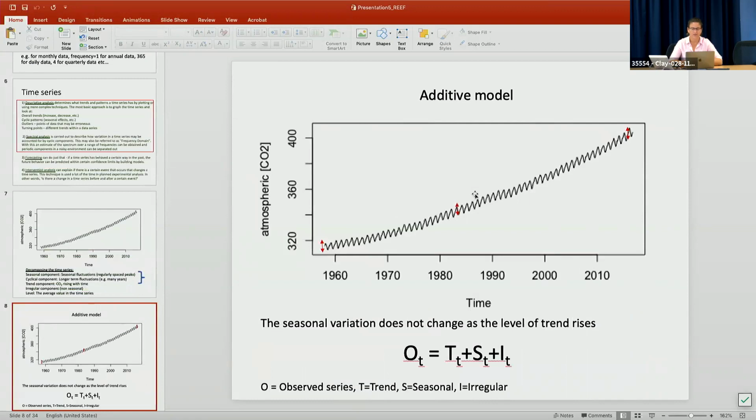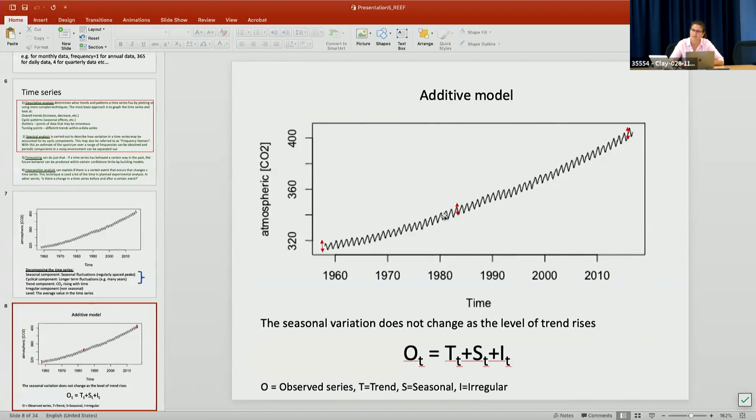So how do I go about decomposing this time series? What I'm telling you here is relevant to what we call the additive model. Okay, and I'm going to come back to that in a minute. I have an observation at time t. Okay, so here's t. So say I pick this point. At this point in time, here is my observation. There's a little black dot that corresponds to this point in time, okay?